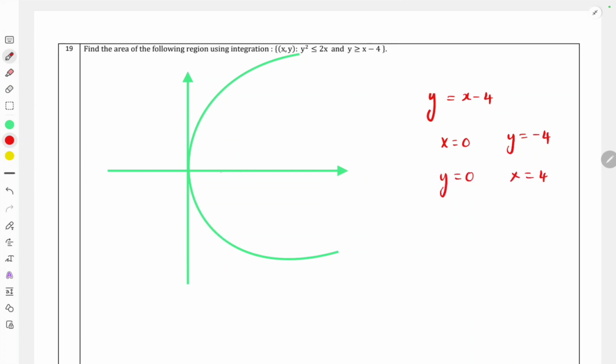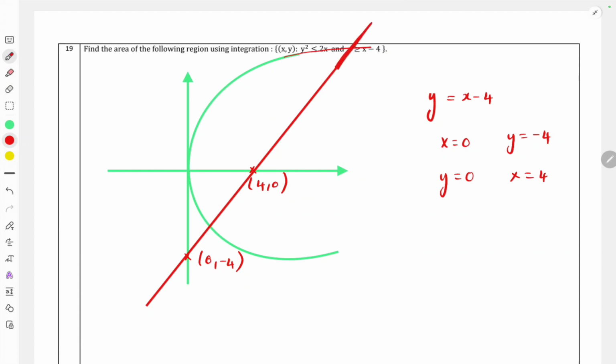So which means we have one point 4, 0, and we have another point 0, minus 4. So we have to just join this. So the graph will be like this. It will be touching this point.